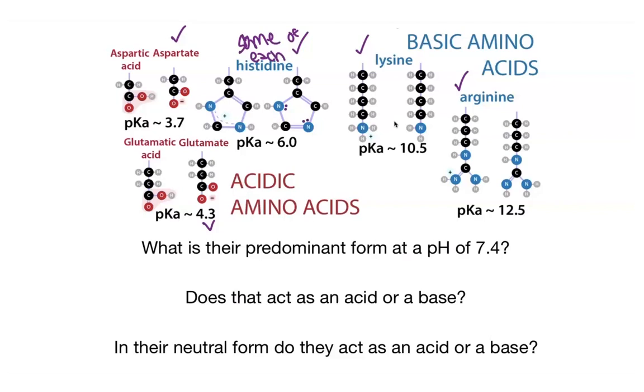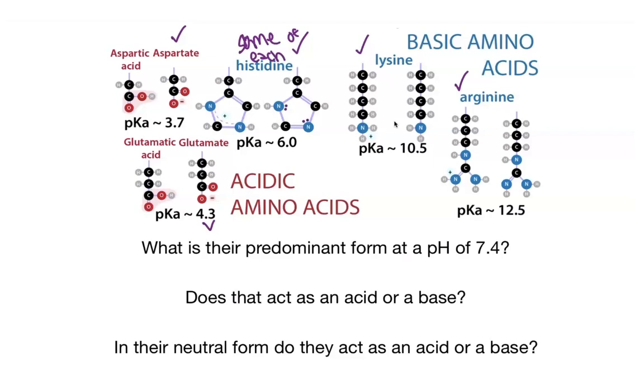So in those dominant forms, those ones we call basic, a lot of them are actually acting as acids. Lysine and arginine, those are going to be acting as acids. And those ones that we call acidic, aspartate and glutamate, well, they're going to be acting in the conjugate base form. They're going to be acting as bases. But the thing is that they don't want to act as a base very much.